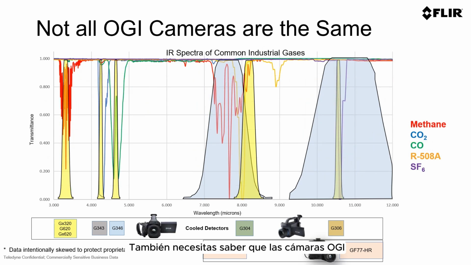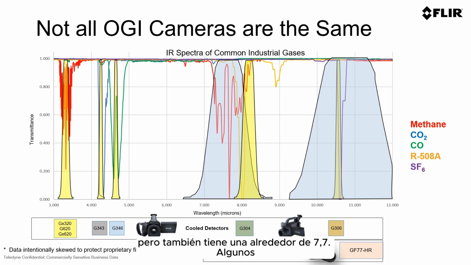You also need to know that OGI cameras are not limited to just hydrocarbons. On this slide, we show the full portfolio and the various industrial gases that we can see. Methane, like a lot of other hydrocarbons, will have an absorption response around 3.2 to 3.4, but also has one around 7.7.